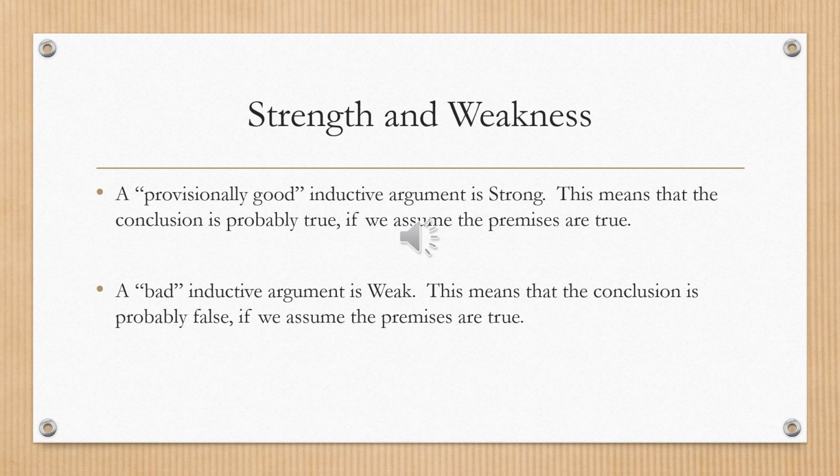If it would probably follow and probably be true, then it passes the first hurdle. It's a strong argument. It is provisionally treated as good, pending another level of testing, which we'll get into later. If it doesn't pass that test, meaning even if we assume the premises are true, the conclusion is probably not true, it's probably false, then it's a weak argument, and in that case, it's a bad argument. We can dismiss it.